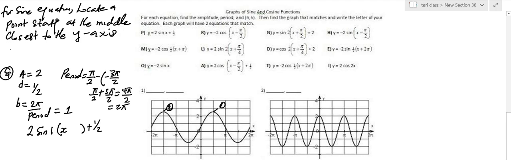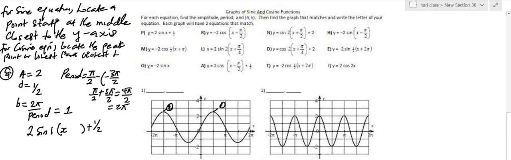But if it is for cosine, what we are looking for is the lowest. For a cosine equation, we locate the peak point or lowest point closest to the y-axis.